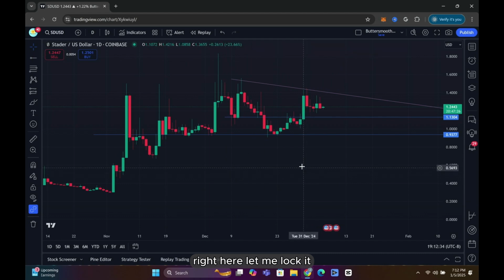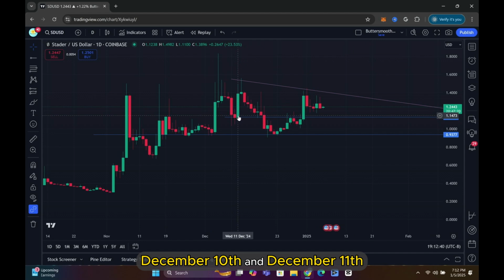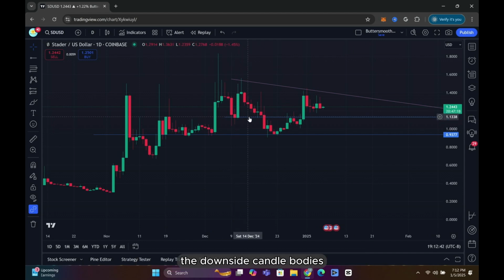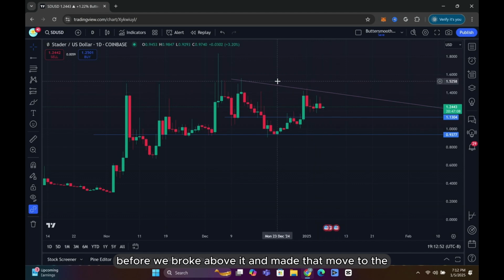I'm looking at these two downside candle bodies, December 10th and December 11th. We have another candle body sitting on it, and some wicks above it for resistance.